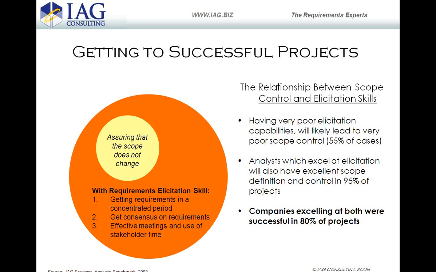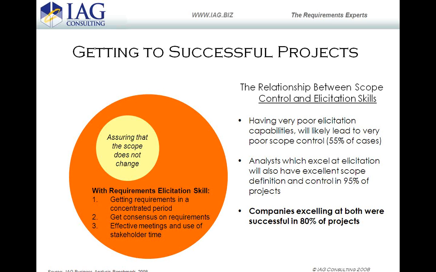And so there's a multiplier effect between the analyst and the project management team and the scope control activities of the project management team. If you've got very poor elicitation skills, which is a sub-part of the analyst capability, all right, you will have poor scope control in the majority of project situations.